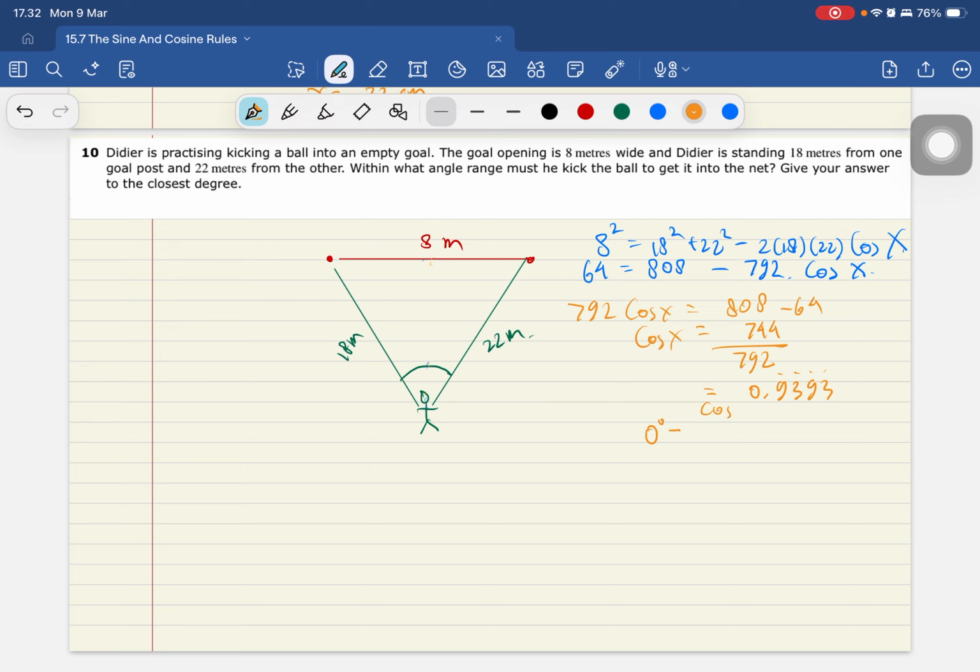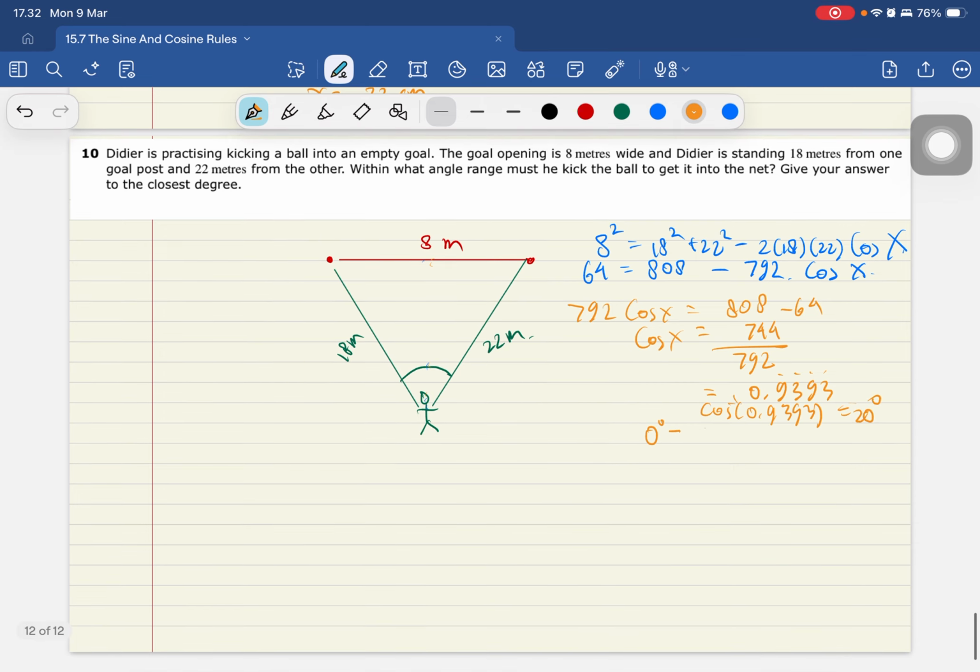When we take the inverse, cos negative 1 of 0.9393 is approximately 20 degrees. So within the range of 0 to 20 degrees, Didier can score a goal.